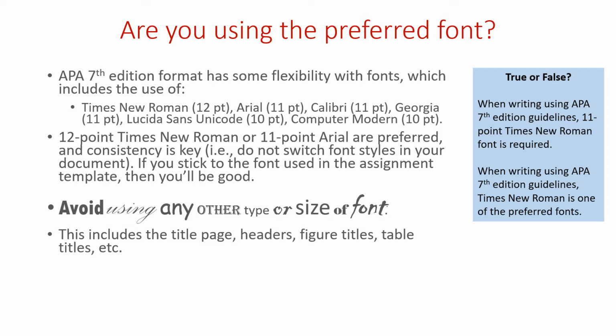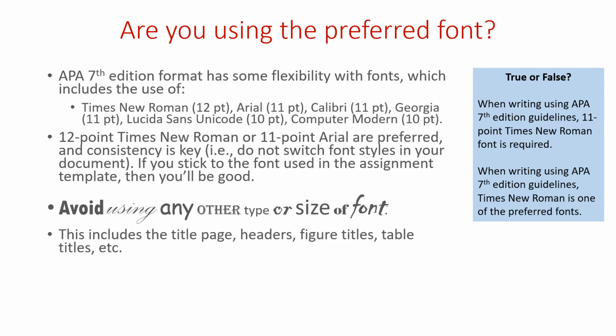Okay, we've got a couple of true and false questions here. Question number 1, when writing using APA 7th edition guidelines, 11 point Times New Roman font is required. This is false. It's false on 2 levels. The first level is that the actual preferred font is 12 point, not 11 point, for Times New Roman.